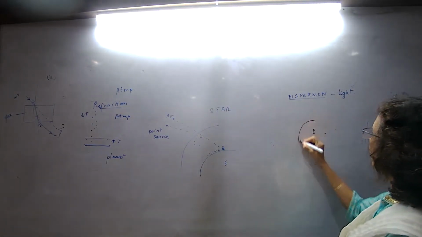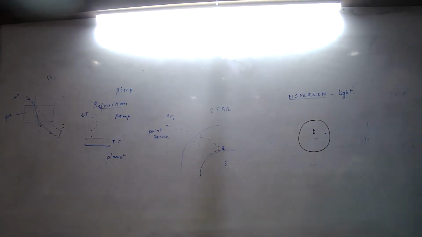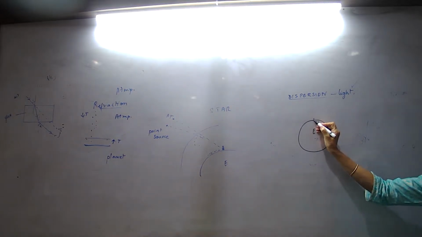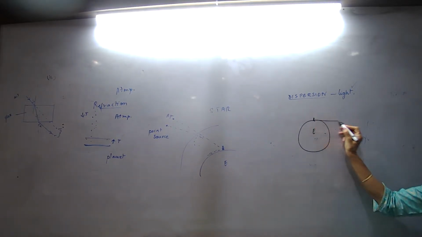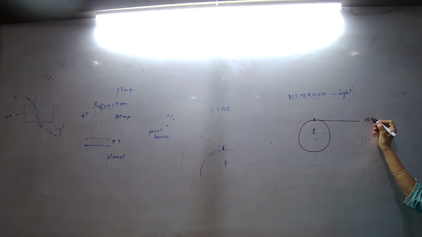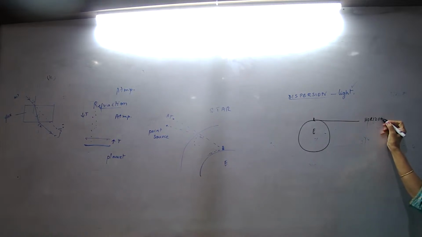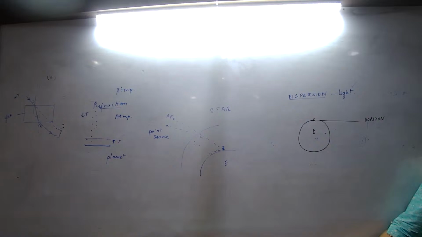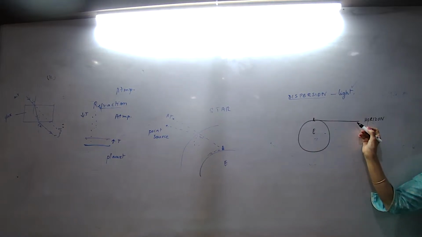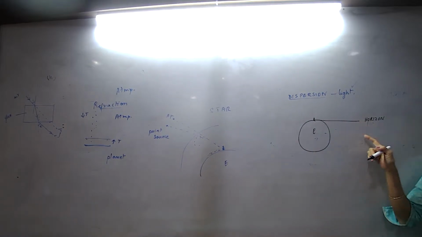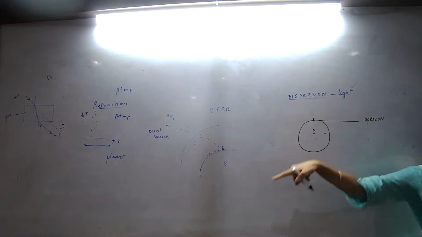Suppose we are talking about the earth, and a person is standing here. So this happens to be the horizon, correct? So you will be able to see the sunrise when the sun is coming out. You basically know that it is not the sun coming out like that.